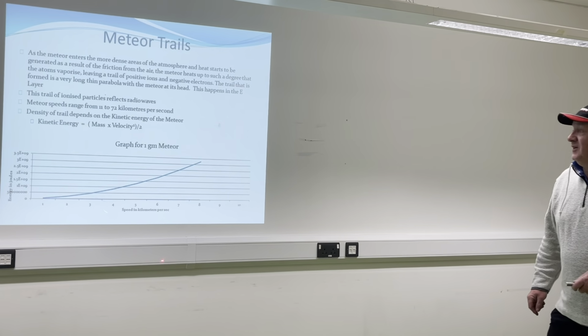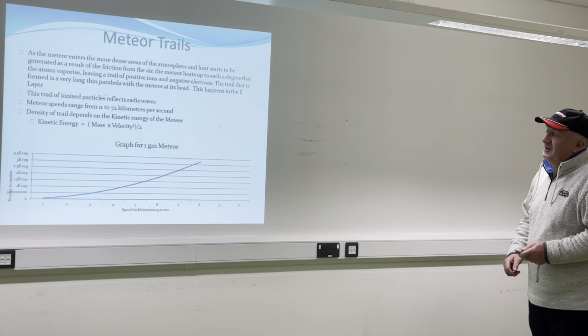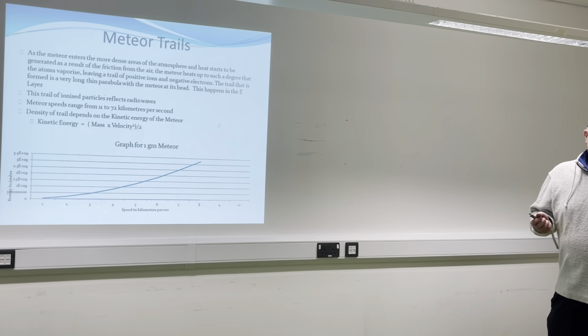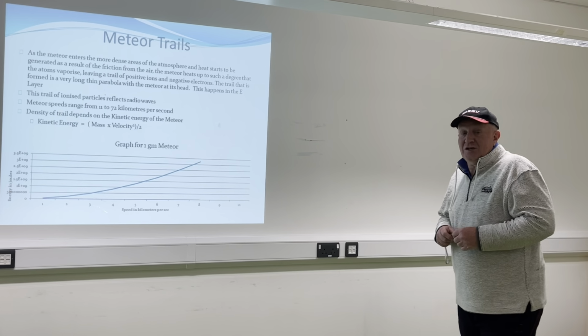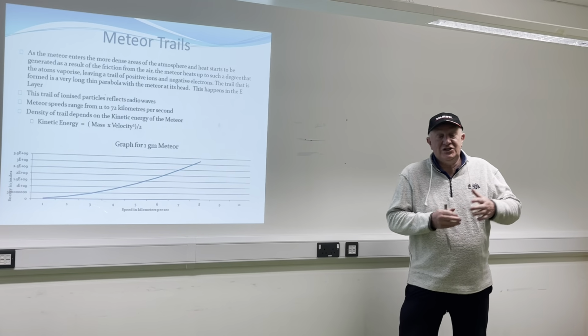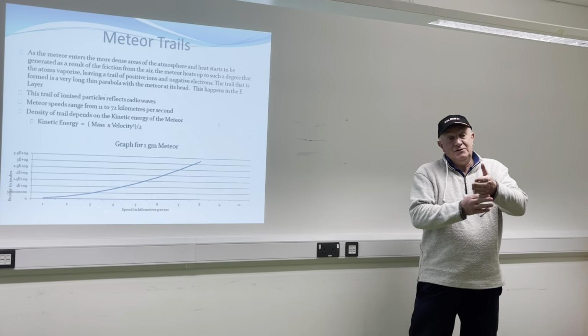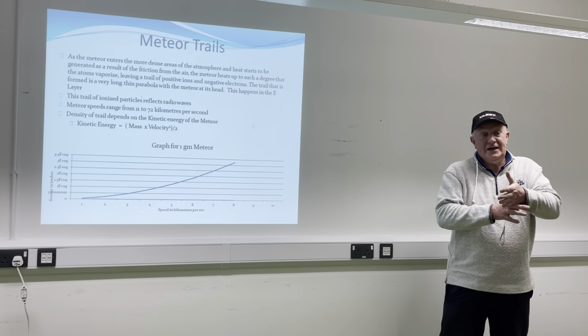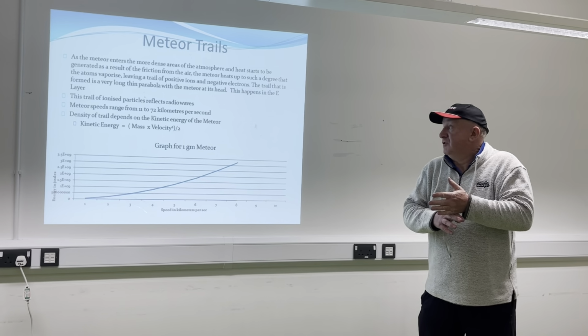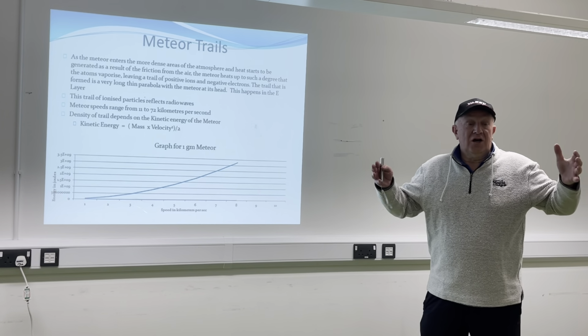Right, let's get into some of the physics and some of the right words. So basically what happens is, when a meteor hits the Earth's atmosphere, it's going so fast and has so much energy that the atoms break up into protons and ions. So you get an ion stream.